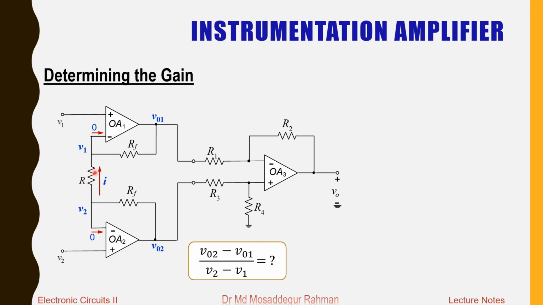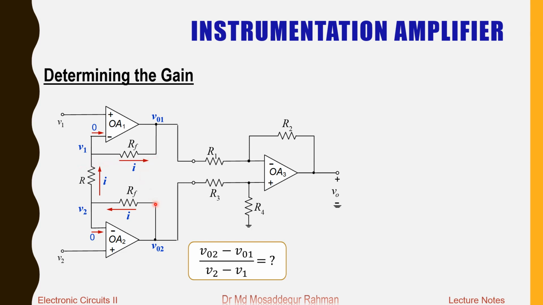So this current I has only one path to flow, that is through this RF here and through this RF. So this is how the current will flow. First through RF it is coming towards the R, and then it flows out through this RF.